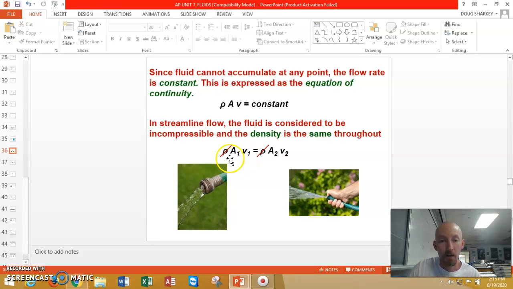We're also going to assume that the density of the fluid is the same throughout the whole pipe because everything's perfect because we're in physics land. So the density is going to cancel on both sides. So this is a before and after picture. You could have before you put your thumb over the hose and after. Okay? Does that make sense?